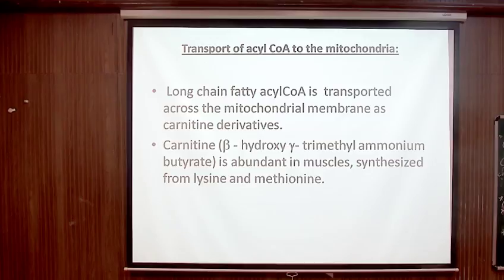If you can remember, fine, otherwise for now just remember it as carnitine, which is formed from lysine and methionine, and is present in abundance in liver and muscles. So this carnitine helps in the transport of the activated fatty acid, fatty acyl coenzyme A, from the cytoplasm to the mitochondria.